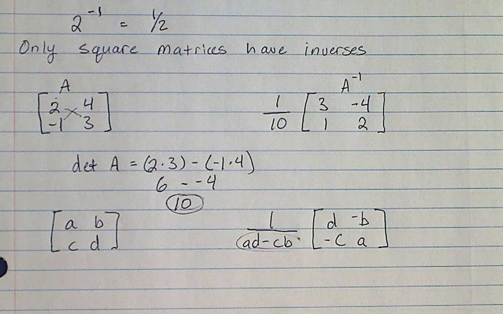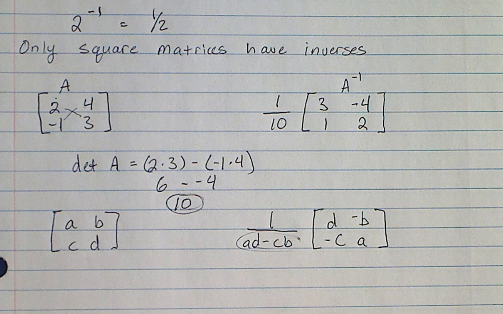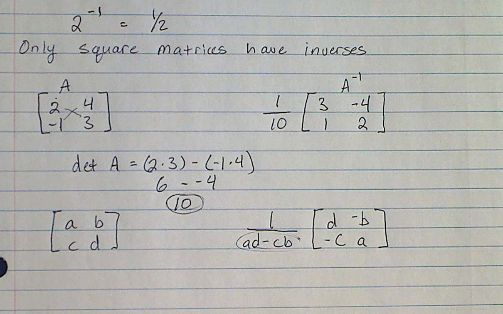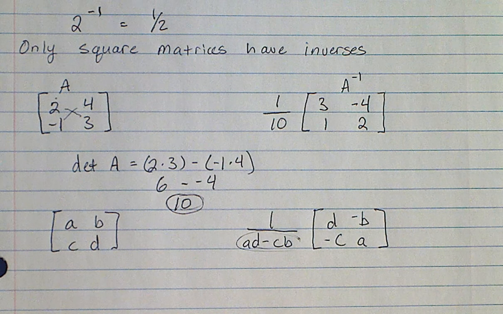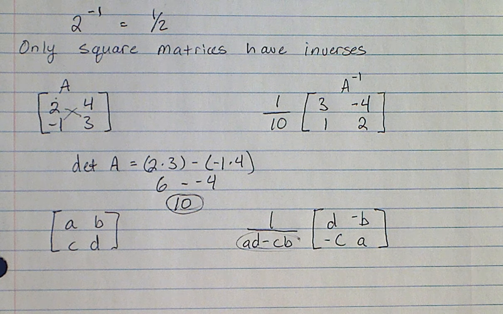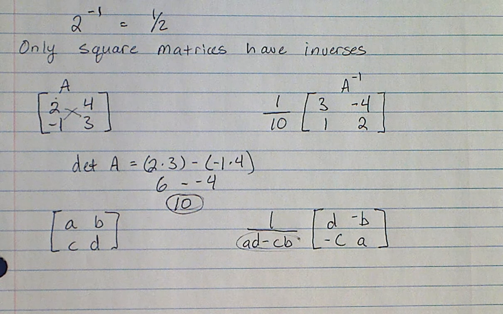C and B, you don't switch them around, but you switch their signs. Well, it's negative, so you just change it. So here, I did negative negative 1, which is positive 1, and then negative 4, which stays negative 4. So D and A switch places, and C and B just change sign, but they stay where they are.